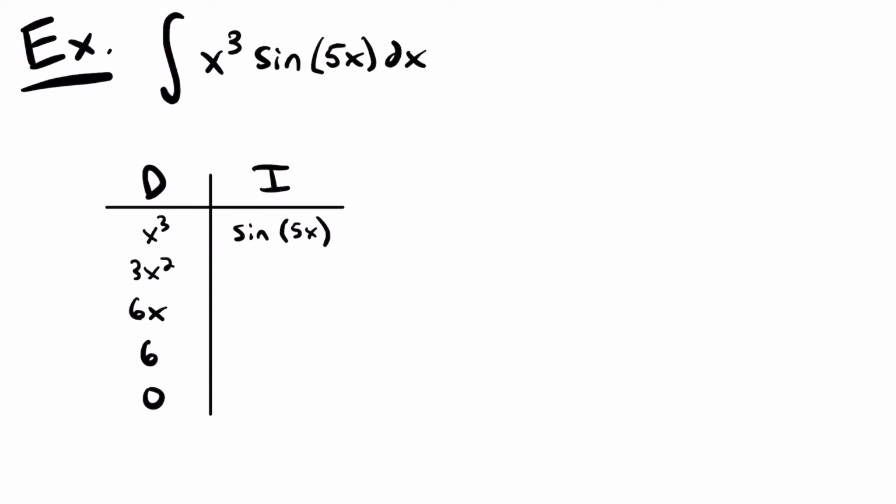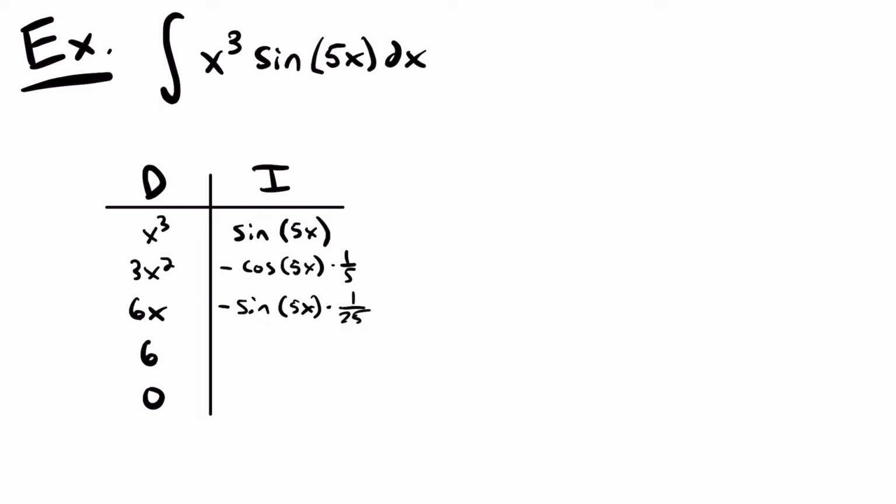And so the integral of sine is negative cosine, so we will have negative cosine of 5x, and that will be multiplied by 1/5, which is the same as dividing by 5. And then if we integrate again, the integral of cosine is sine, so we'll have negative sine of 5x, and we're still multiplying by that 1/5, but now we need to divide by 5 again, so we multiply by another 1/5, and so 1/5 times 1/5 is 1/25, so I'll rewrite that to have 1 divided by 25.